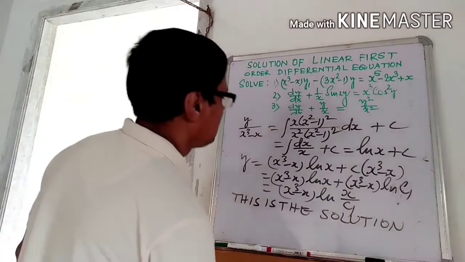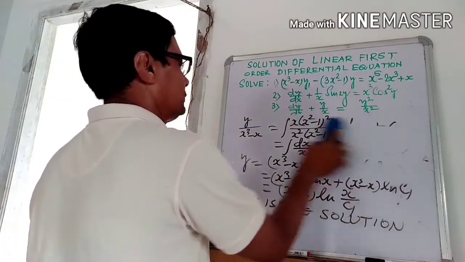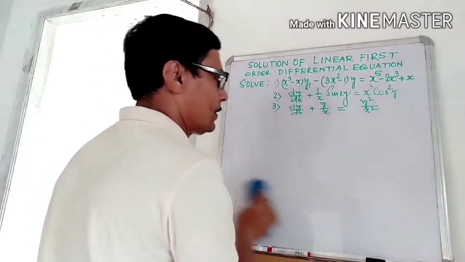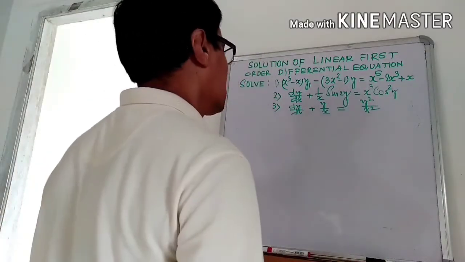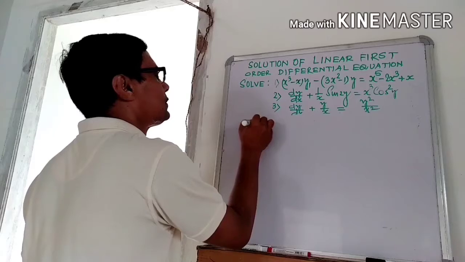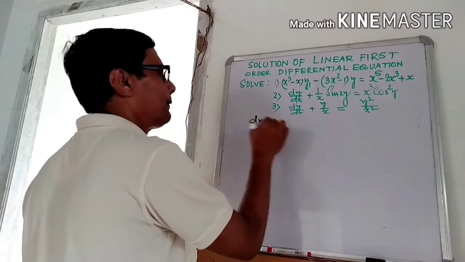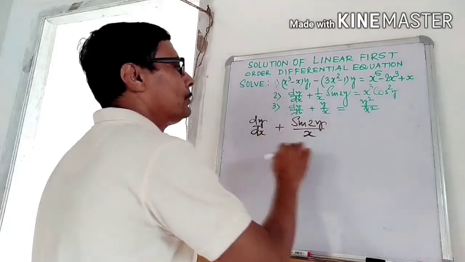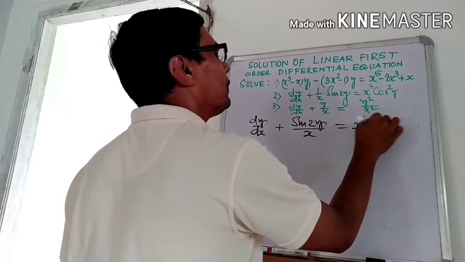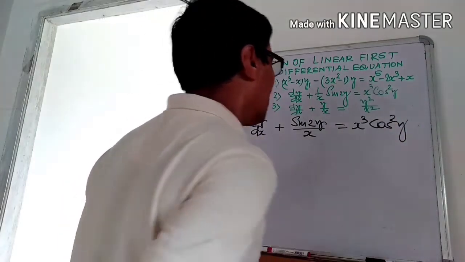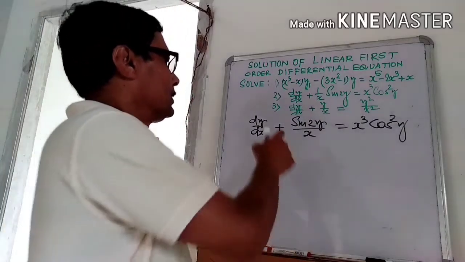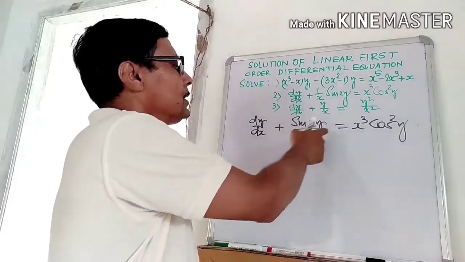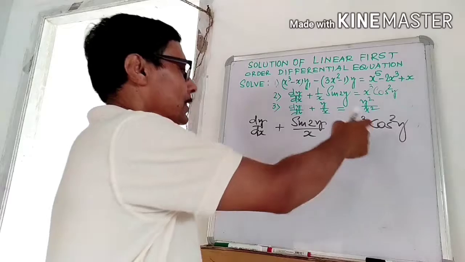Now we solve the next equation. Second equation is this: dy/dx plus sin 2y by x equal to x cube cos square y.